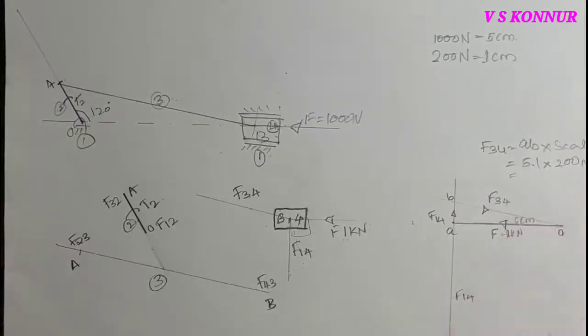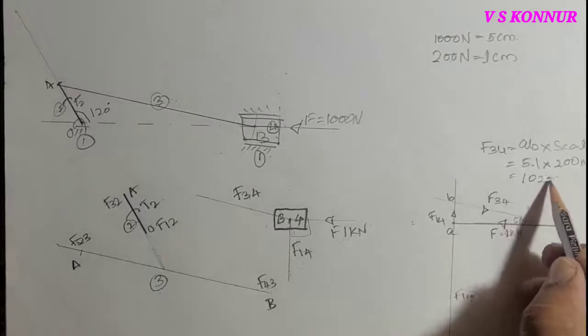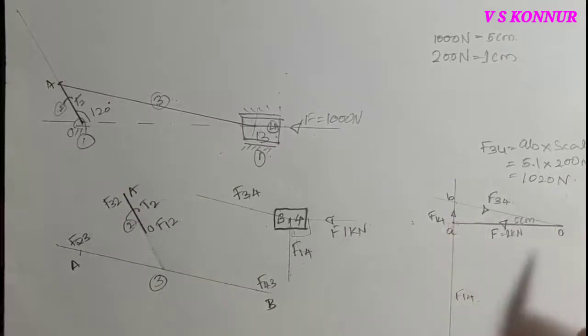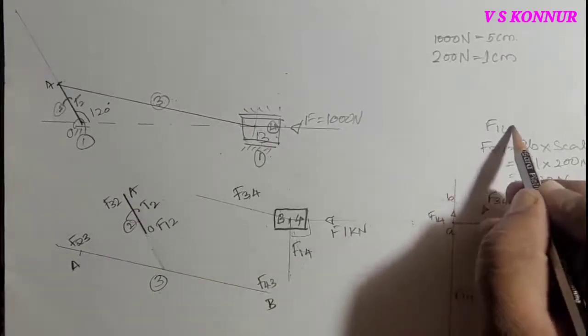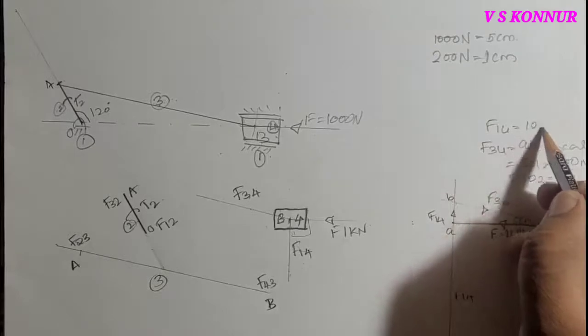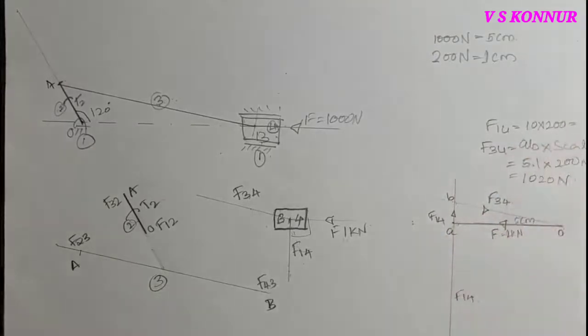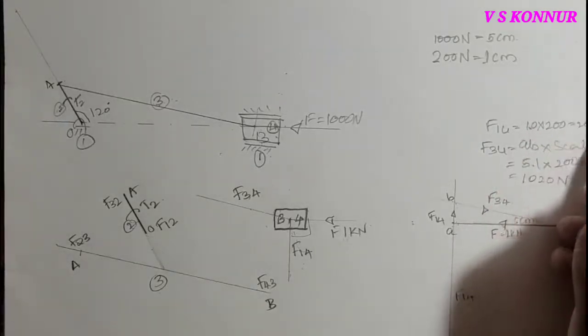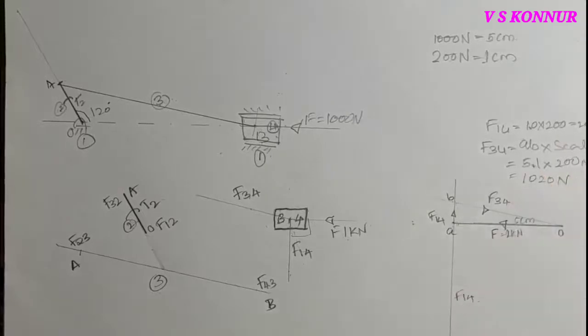So 5.1 into 200 Newton, 1020 you will get. And this distance you will get 10 millimeter. So you can calculate F14 is equal to 1.0, that is 1 centimeter, so it is equal to 200 Newton. So F14 is 200 Newton.